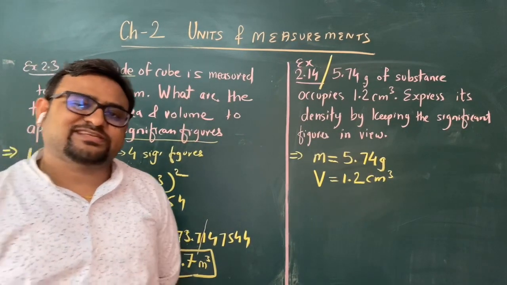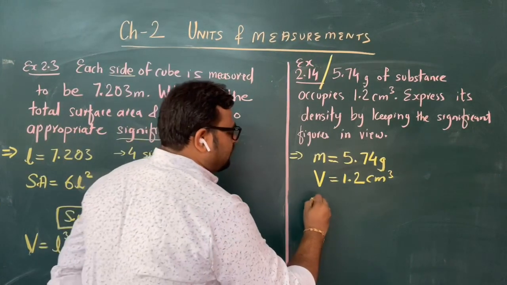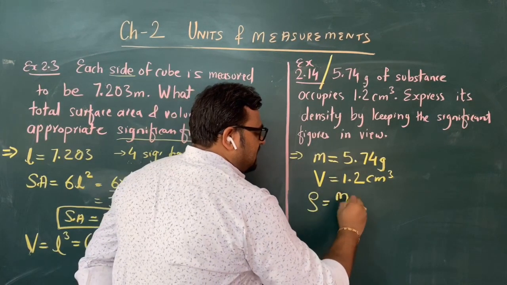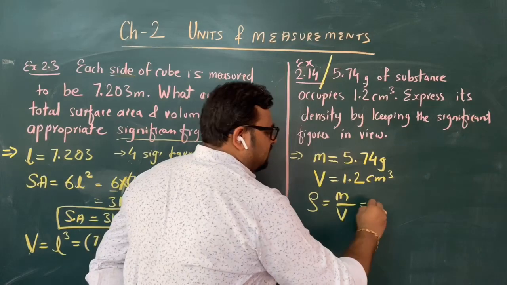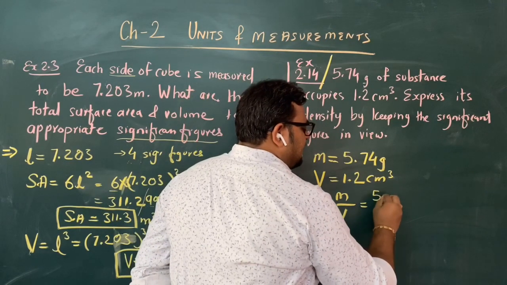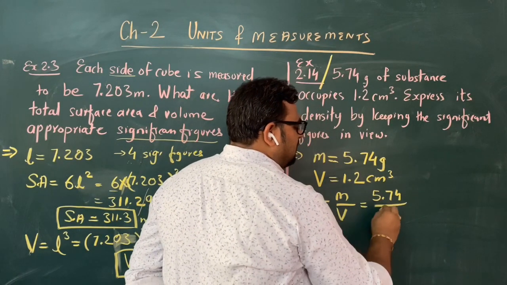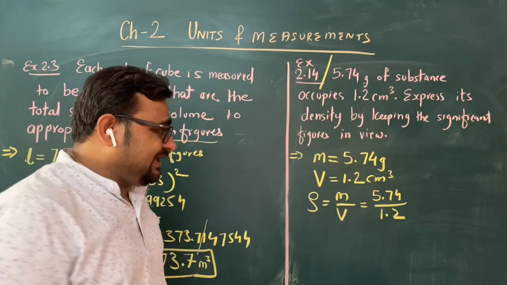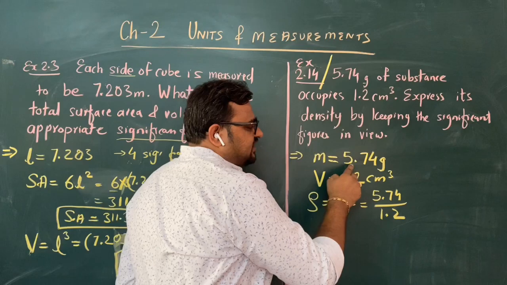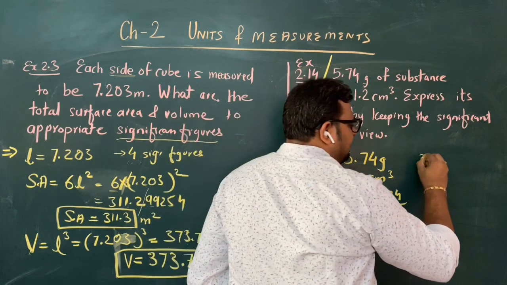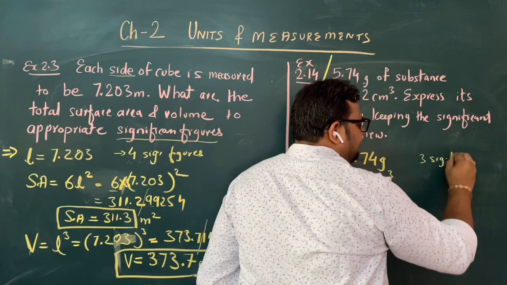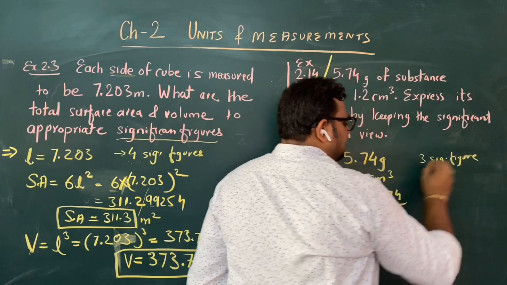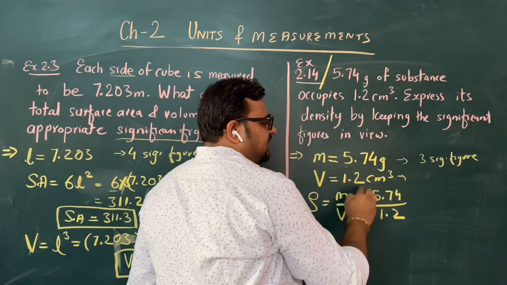Now what's the formula for density? The formula for density is mass by volume. Mass upon volume. So what is mass? 5.74 upon 1.2. Now before calculating, let's see how many significant figures here. 1, 2 and 3 significant figures. And here 1 and 2.